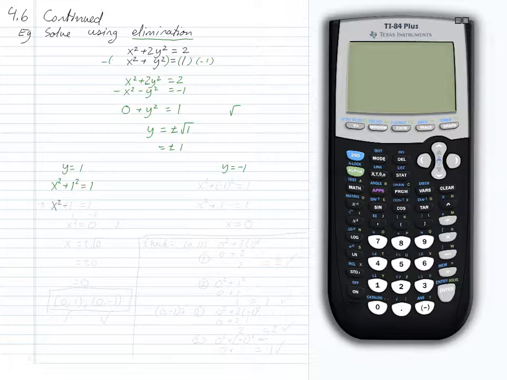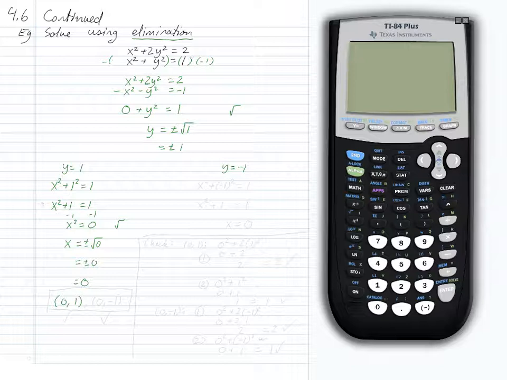So x squared plus 1 is equal to 1, and we can subtract 1 to the other side, and we see that x squared equals 0. So again, we can square root both sides of this, so x equals positive or negative square root of 0. Well, that's a little bit odd, but positive or negative 0 is 0. So our solution point is 0, 1, in this case, and we'll check that when we're all finished.